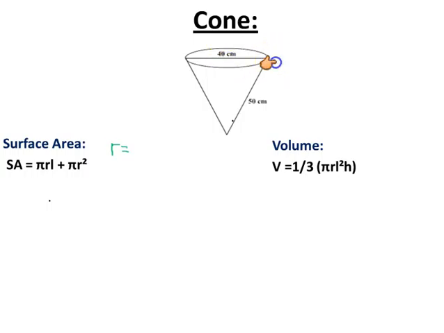We have the diameter is 40, and the radius is half of the diameter. So half of 40 would be 20. So our radius is going to be 20. What about the L? What does L represent? It represents the slant length. And what is the slant length of this cone? It is 50 centimeters.